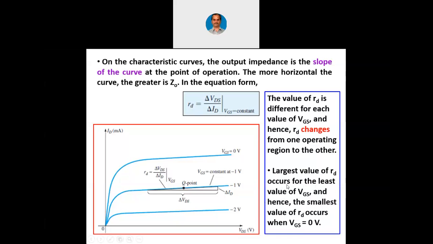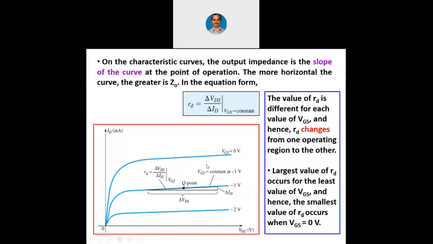The largest value of RD occurs for the least value of VGS, and hence the smallest value of RD occurs when VGS equals 0. You can compare these three curves: the lowest curve is very much nearer to the x-axis, whereas the uppermost curve is away from the x-axis. So you can always observe that the slope here is also different. When the lowermost curve is very near to the x-axis, the slope will be much larger there.